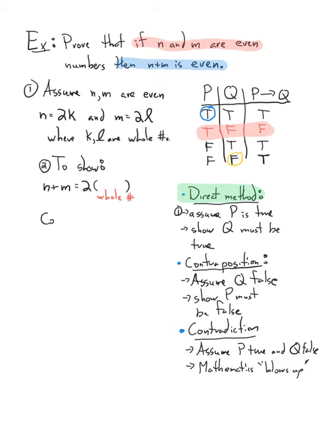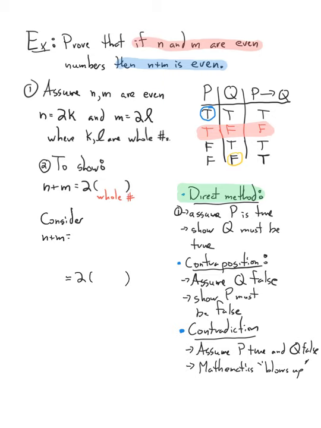The nice thing about this, and we talked a little bit about this in a previous video, so let's consider n plus m. We know what our final answer will look like. It's going to look like 2 times some whole number. So we know where we're going. We just have to be a little bit creative to find the steps to get there. Well, let's use our assumptions.